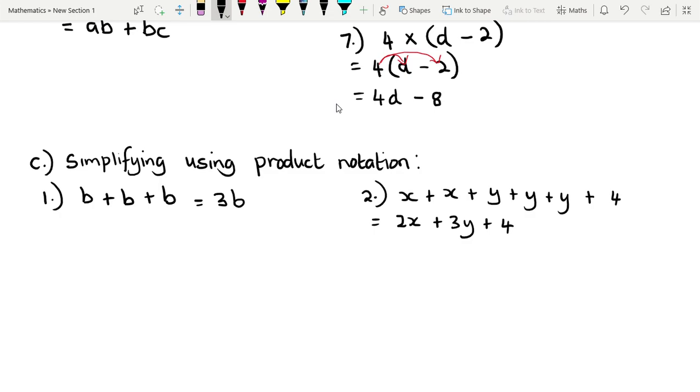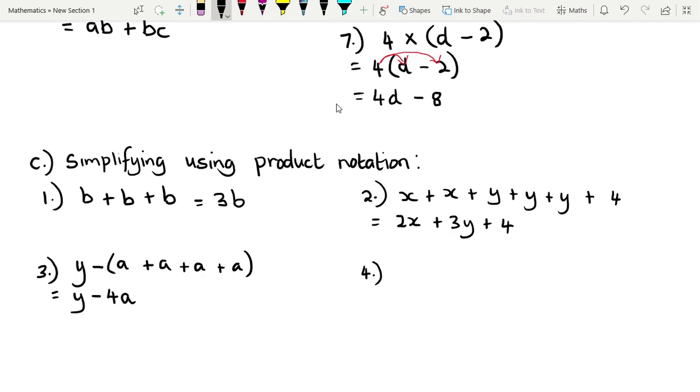Okay, let's look at number 3. Number 3, we have y minus a minus a minus a minus a. So here we have y minus 4 lots of a. So we're going to go y minus 4a, and that would be your final answer.